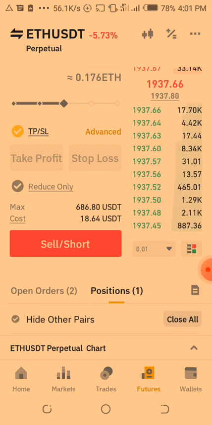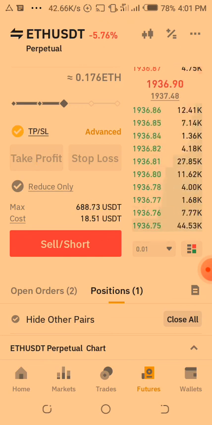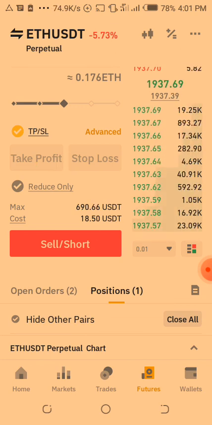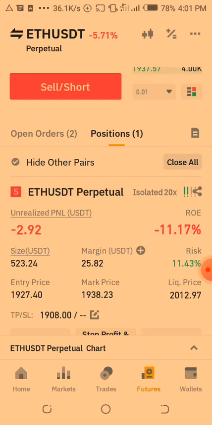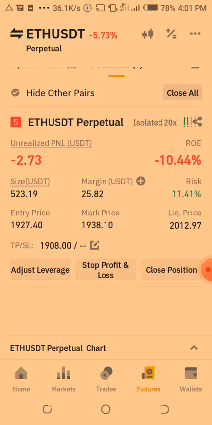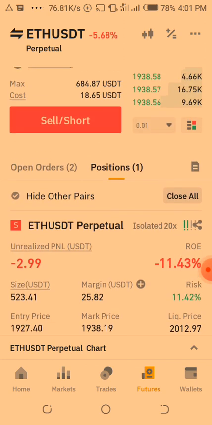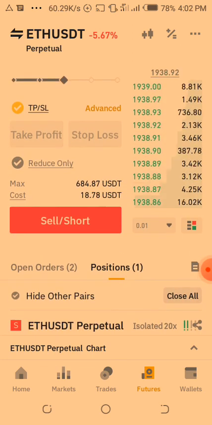It has happened to me before. I was waiting for my profit to be closed, but at the end of the day it wasn't, only for me to find out that I had not really confirmed it. So I always urge my students to work with this stop profit and loss. This is best for me, and you can always adjust it and readjust it as time goes on. So that is it for Binance futures.